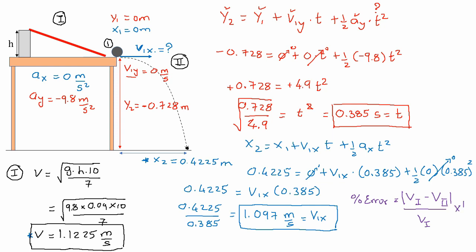That's our reference point, times 100, and that gives us the percent error as 1.1225 minus 1.097, divided by 1.1225, times 100.